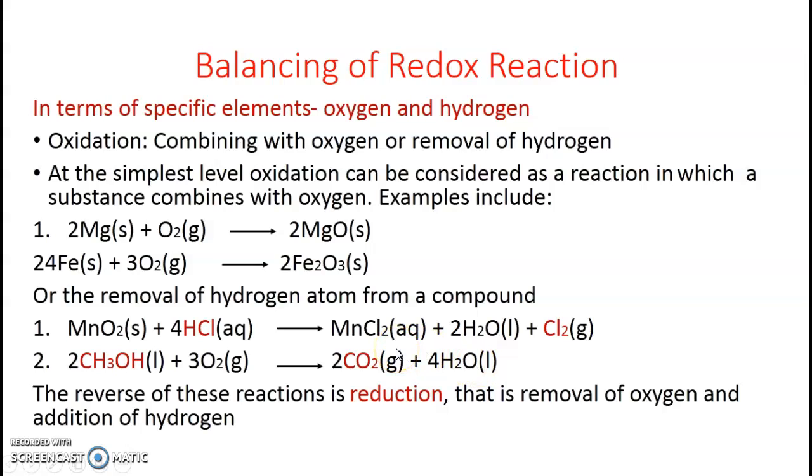So in terms of oxygen and hydrogen atoms, when oxygen is added to a species, or when hydrogen is removed from an atom or a compound, it undergoes oxidation. When oxygen is removed or hydrogen is added, that constitutes reduction.